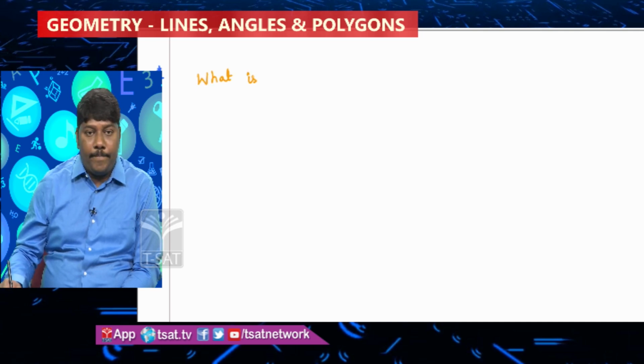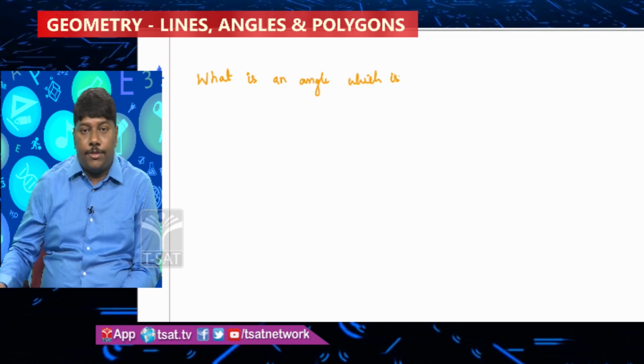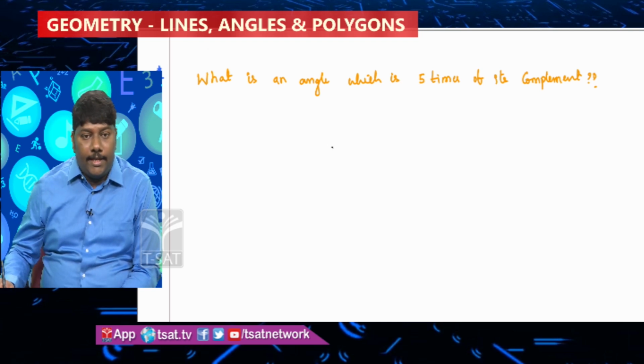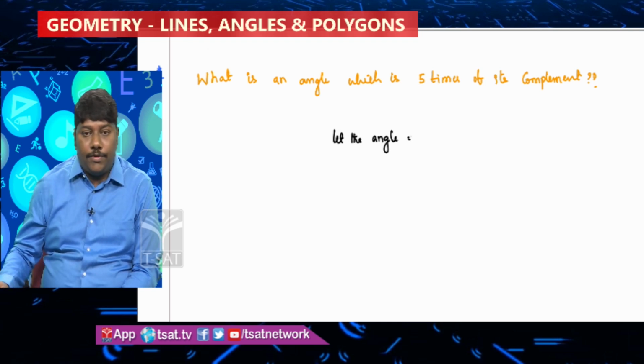What is an angle which is 5 times its complement? So he is asking you what is an angle which is 5 times its complement. Let the angle be A. I want an angle which is 5 times its complement.